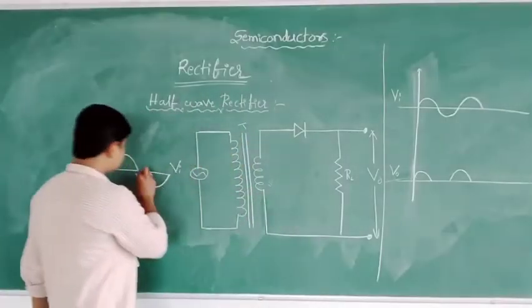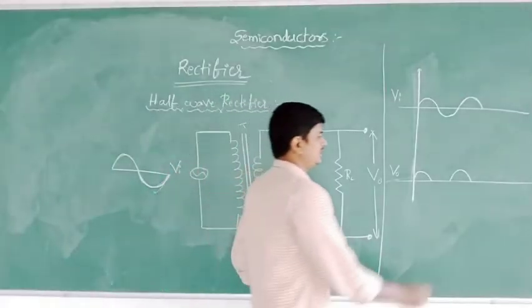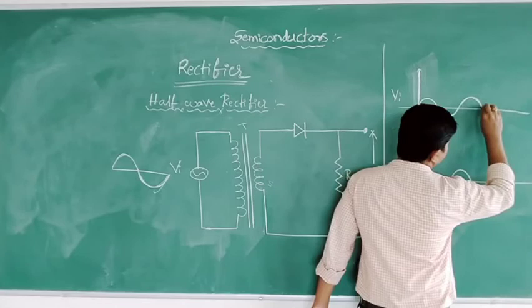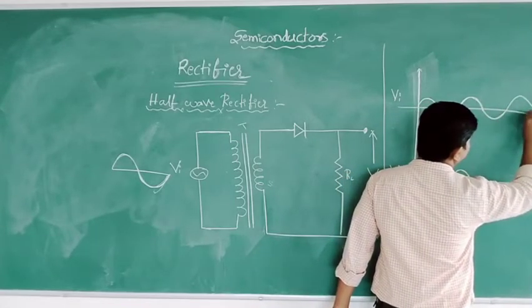Again in the negative half cycle, the diode acts like a reverse bias and there is no output. Like that, this process continues: positive, negative, positive, negative.